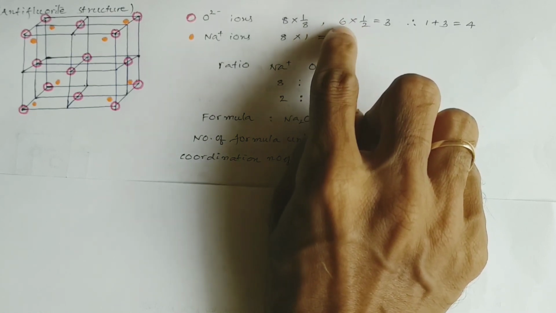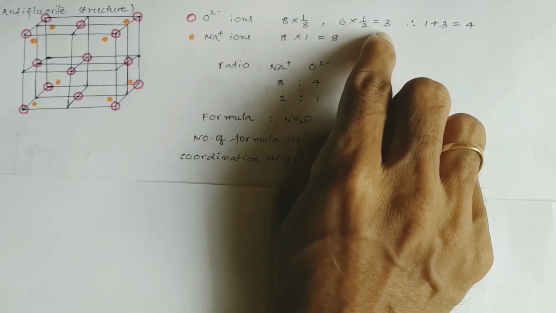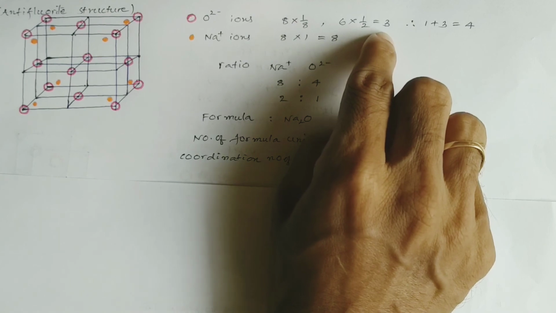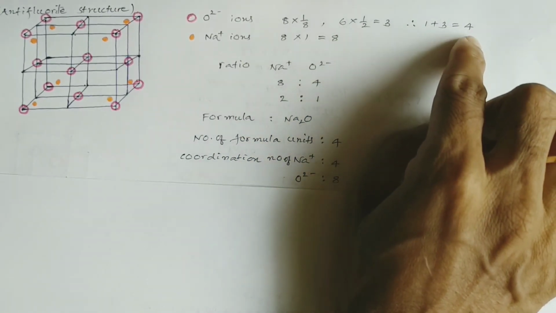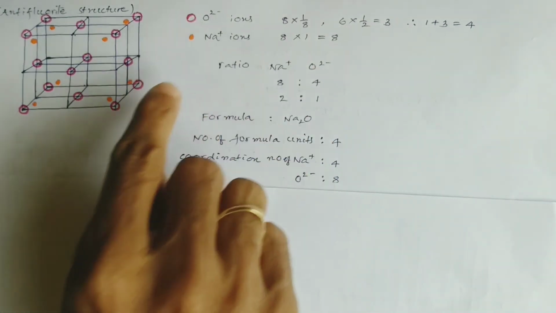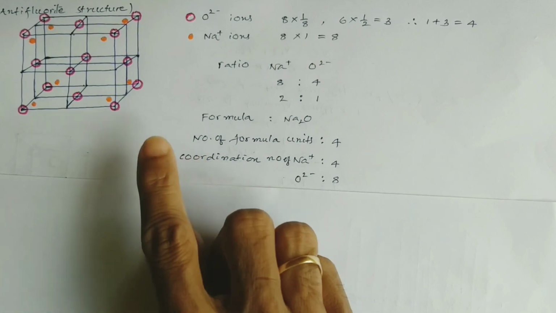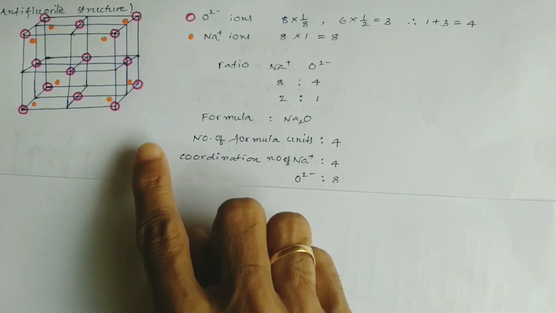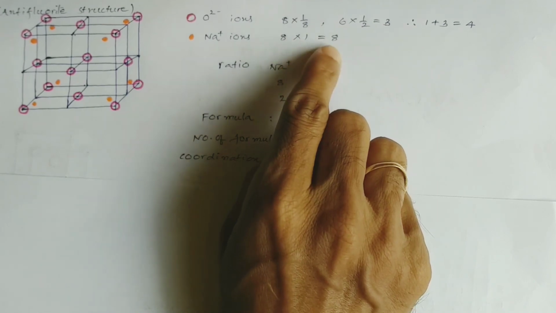The total contribution due to face centered positions will be equal to 3. So the total number of oxide ions will be equal to 1 plus 3, 4. And if you take Na plus ions, they are present in the tetrahedral voids, and each tetrahedral void belongs to only one unit cell. So what is the contribution? 8 into 1. So that will be equal to 8.